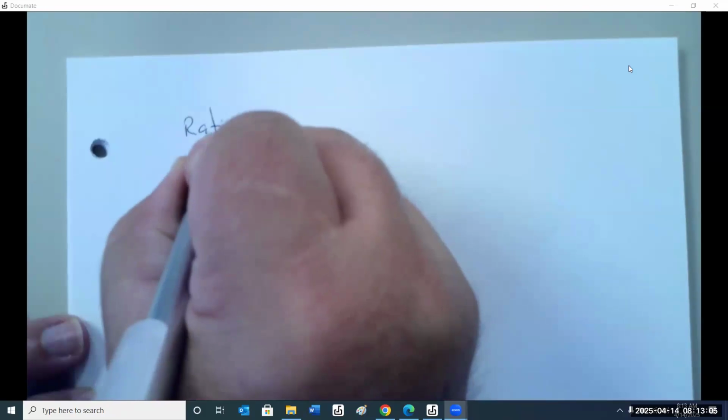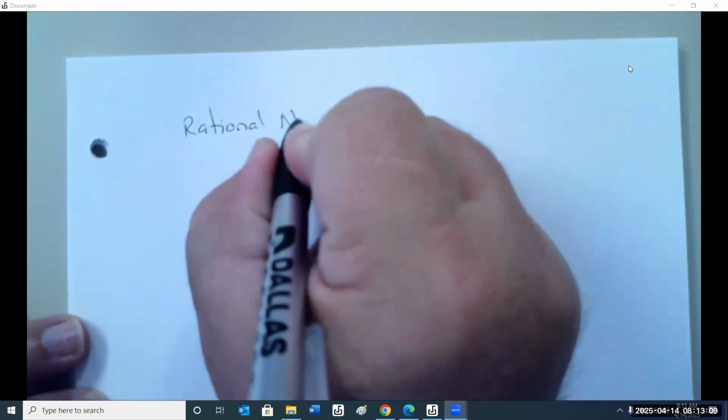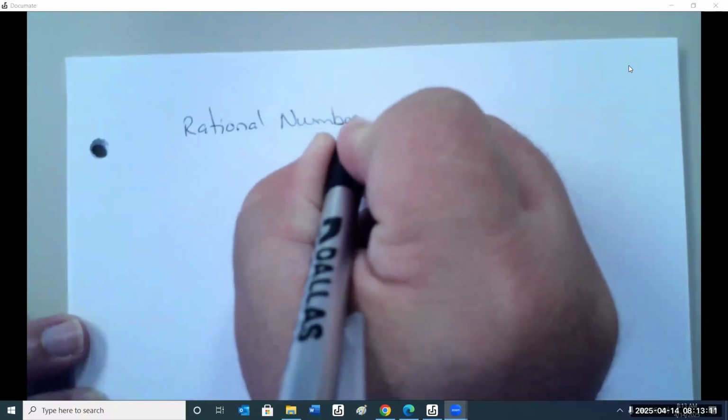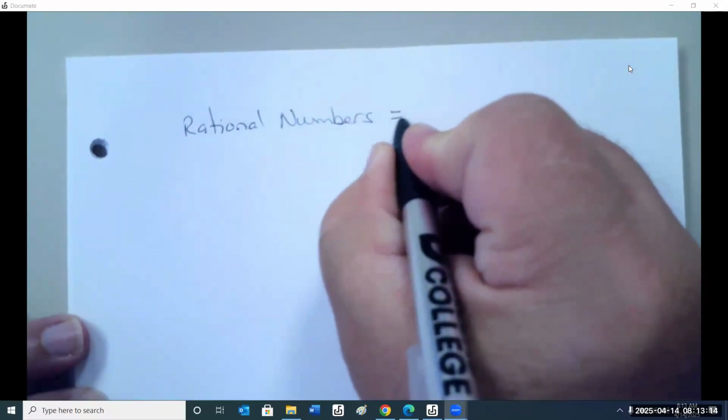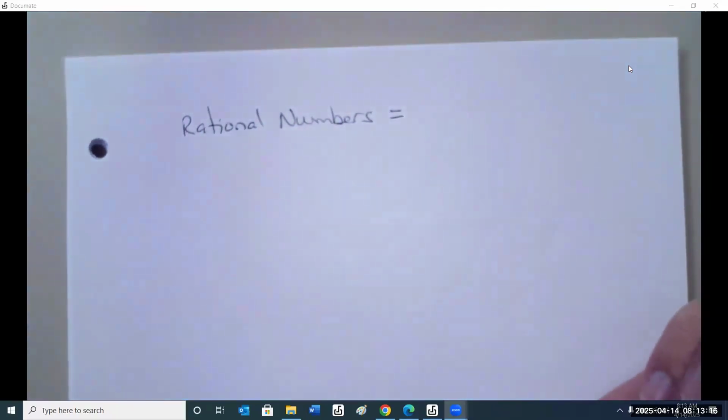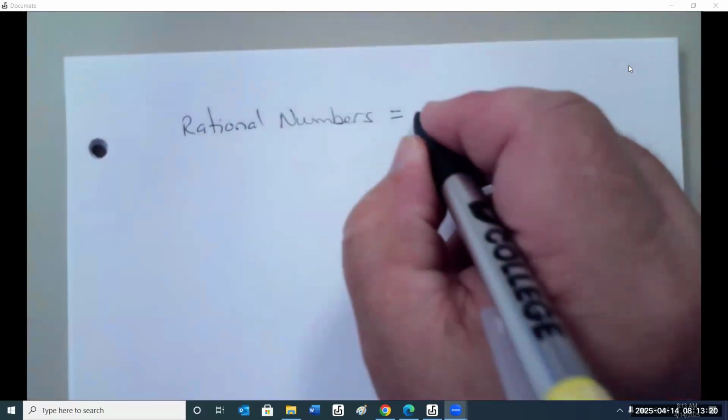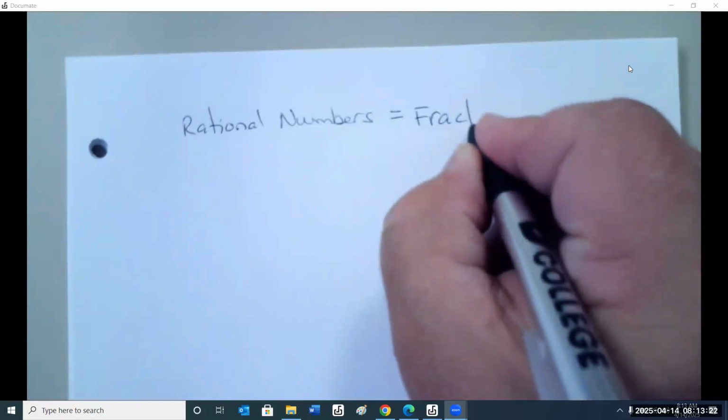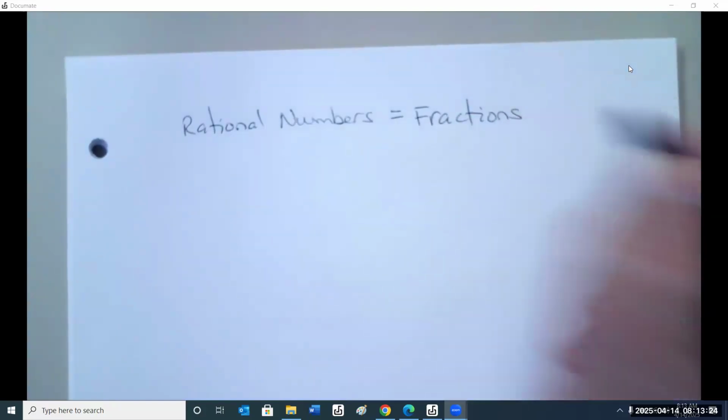Yeah, we're still talking about the nomenclature here. Rational numbers. What's another name for rational numbers? That's one.